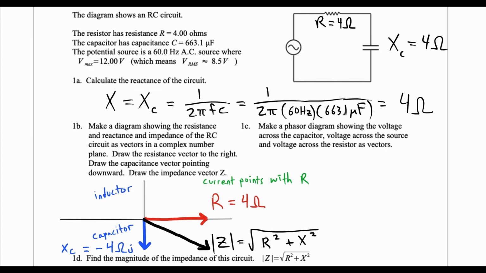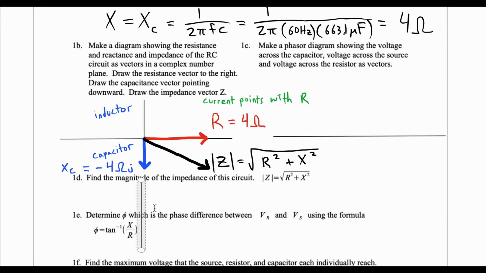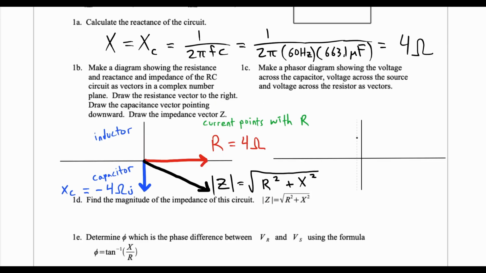There's another interesting diagram though that we like to draw as well, and that is a diagram for the voltages. So when it comes to the voltages, you can have them just follow their individual associated components. And so we would have a vector pointing this way, which would represent the voltage in the resistor.